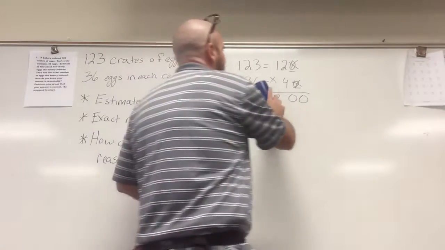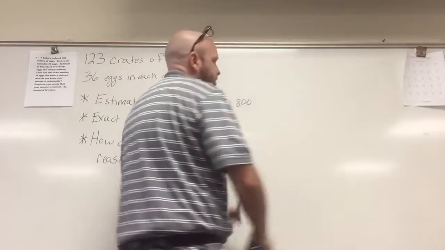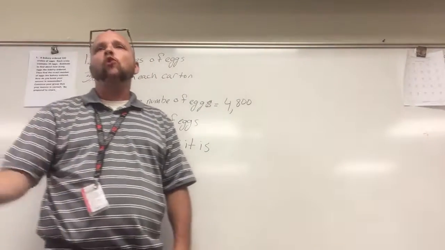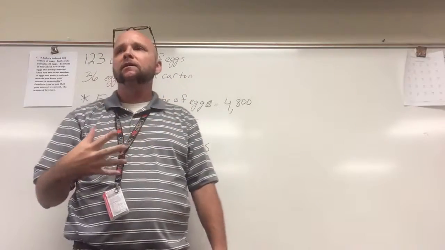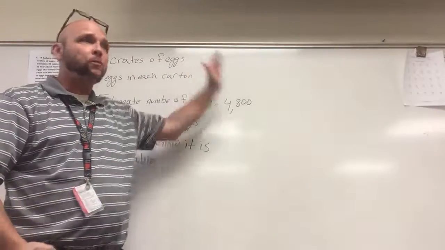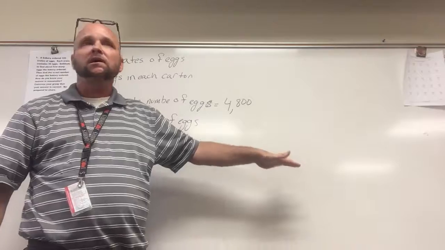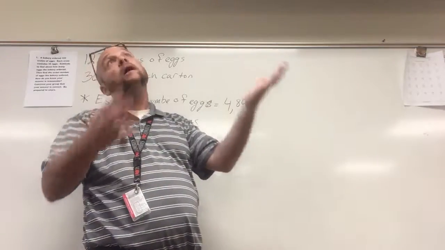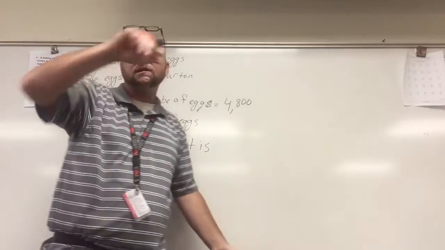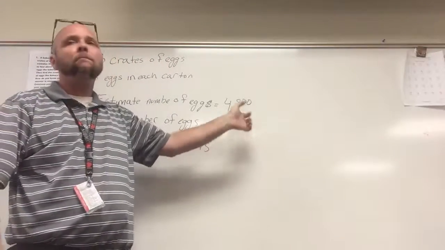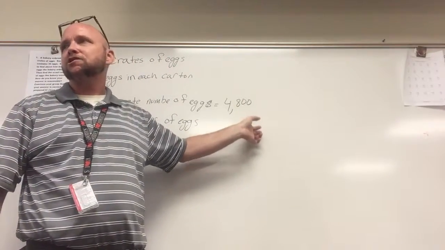No. My answer when I estimate needs to be somewhere close to 4,800. But estimation should be shown on your page. Not, I'm just going to pick the number 68 out of the air and write 68. No. There should be some math that goes into an estimation.